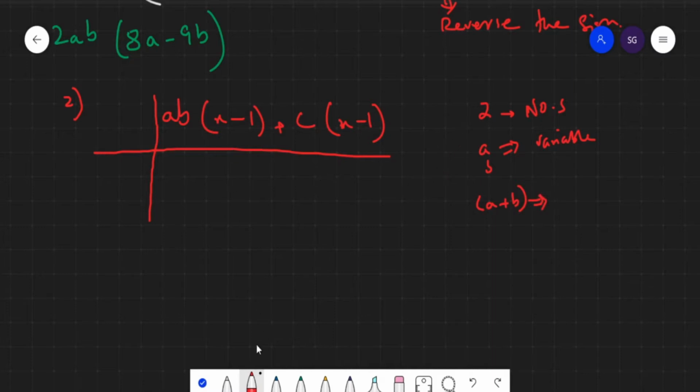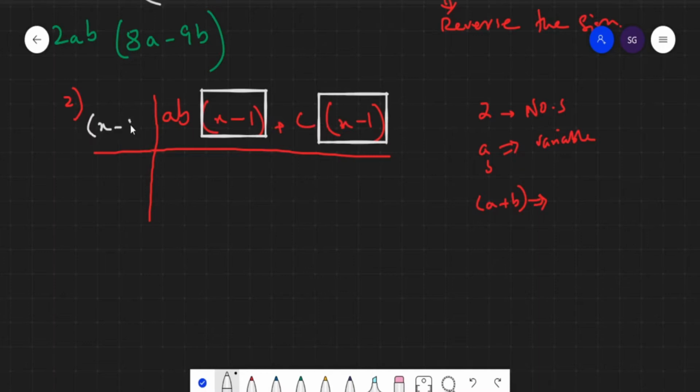So in this case, this x minus 1 is a common expression in both the terms, as you can see from here. So instead of any number or a variable, this time the whole expression is taken out as common. And when you take out this expression as common, this x minus 1 is taken out, so you're left with ab from the first term, and similarly this expression goes out and you're left with c from the second term.